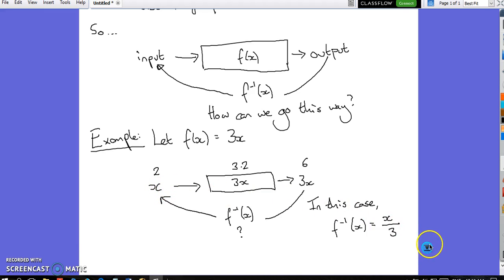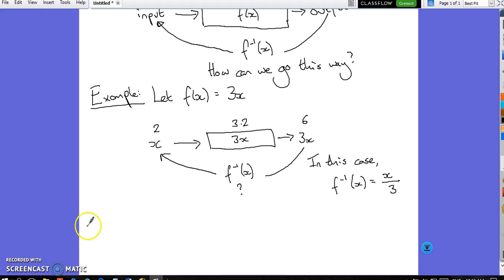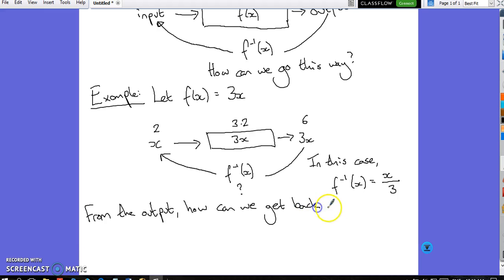So the question is that we need to ask ourselves always, from the output, how can we go back to x? How can we get back to the input?